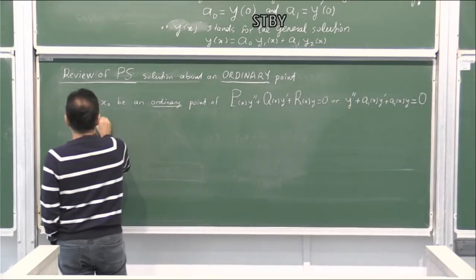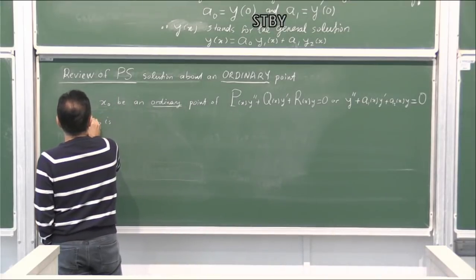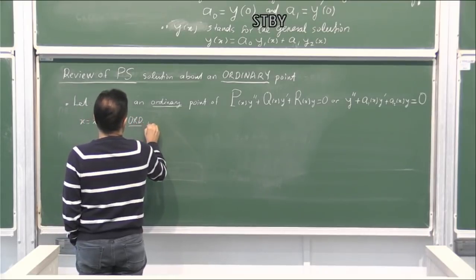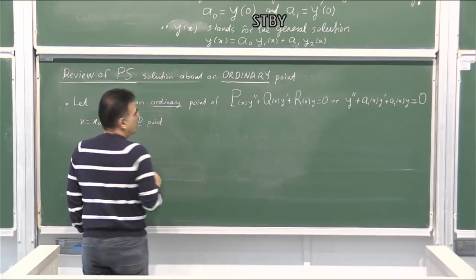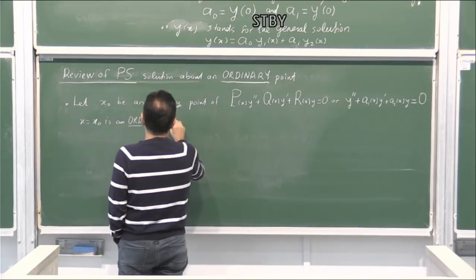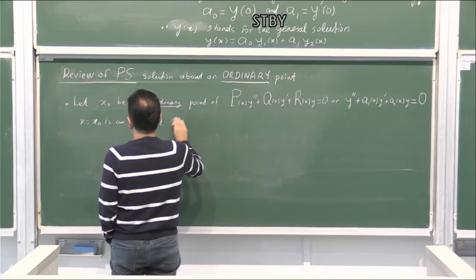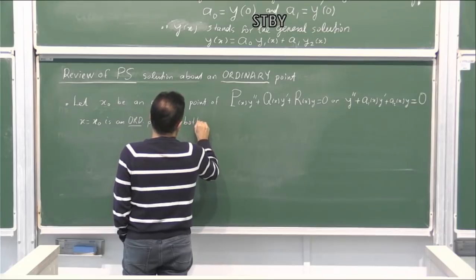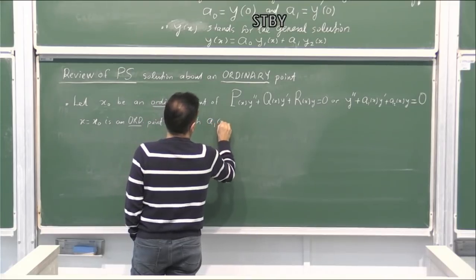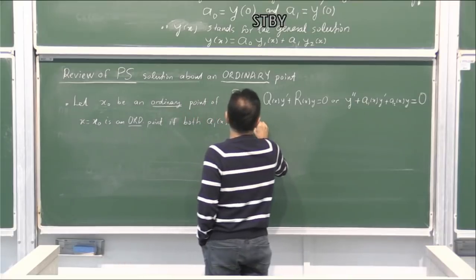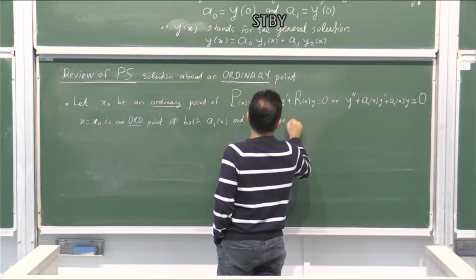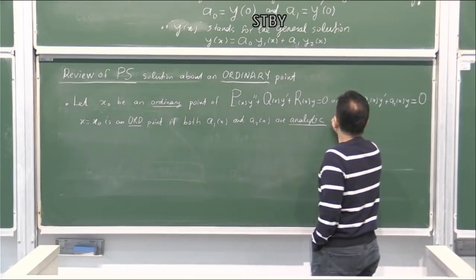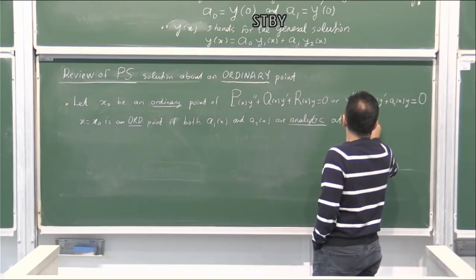So this number x0 is an ordinary point. Okay? Means that if both a1 and a2 are analytic functions at x0.